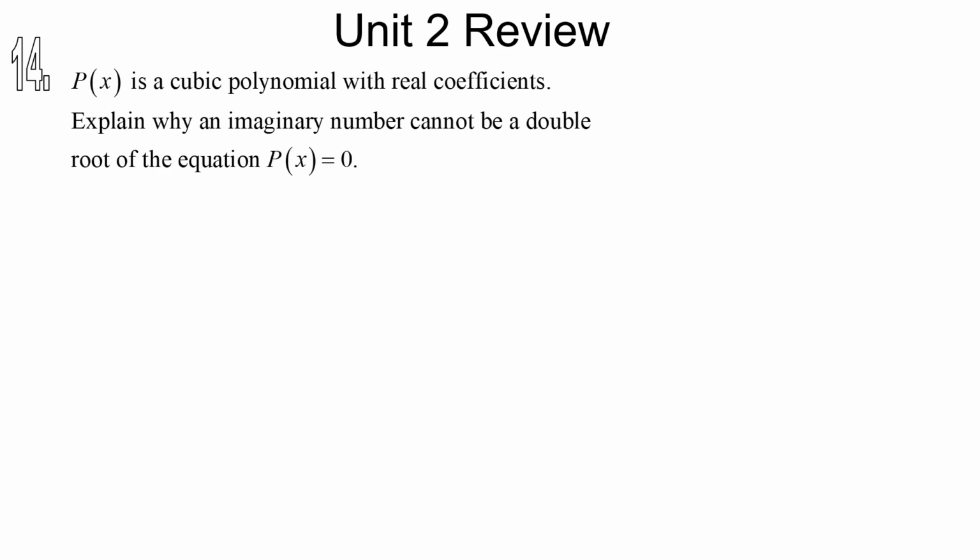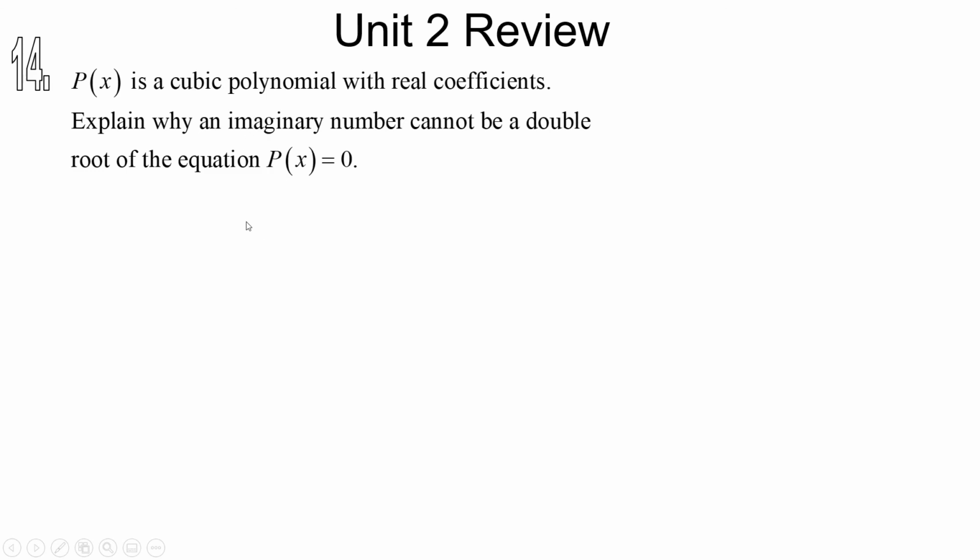If one of my roots is an imaginary number, then its conjugate would also be a root. So if I have an imaginary double root, then its conjugate would also be an imaginary double root, giving me 4 roots, and a cubic cannot have 4 roots.